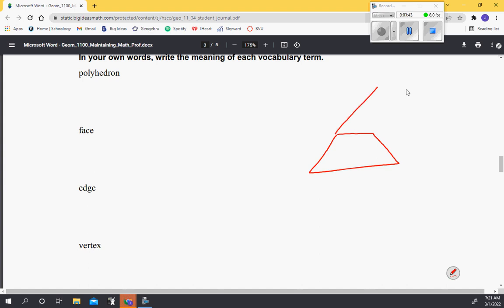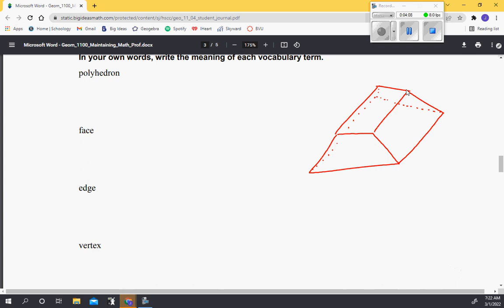So there's these edges that come off of it. Okay, there we go.